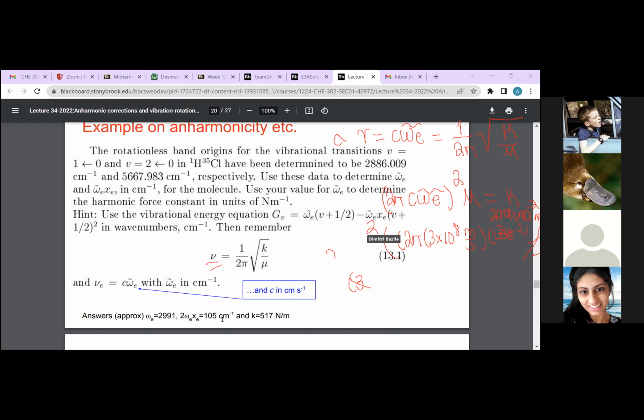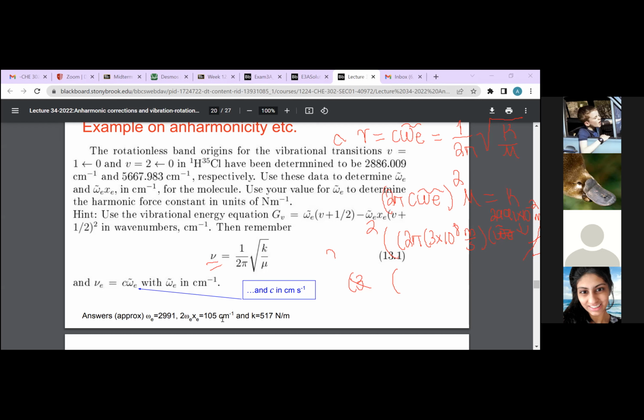You follow along, right? Yeah. Okay, and then we have the reduced mass of whatever that is. 35 times 37 over 35 plus 37. Actually it's HCl, right? So it's 1 times 35 over 35 plus 1.